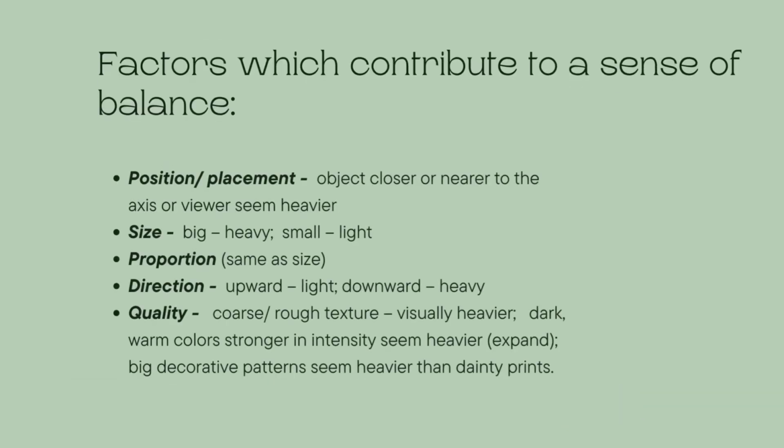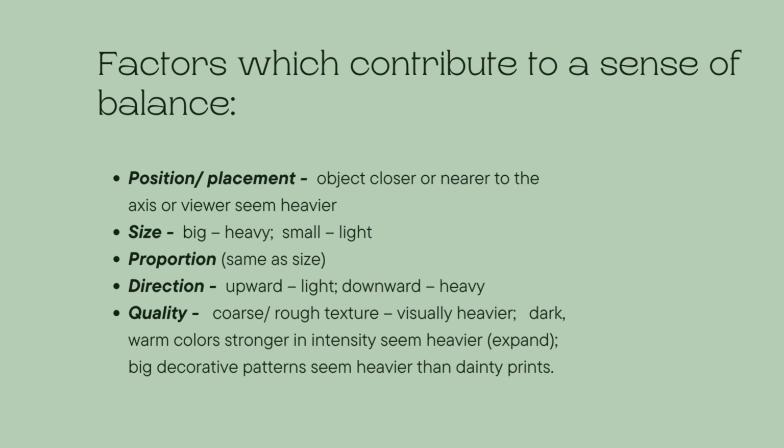Okay, and then lastly, I will talk about the factors which contribute to a sense of balance. So, these are the factors. There's position or placement, which refers to objects closer to the axis, or viewer, seeming heavier.